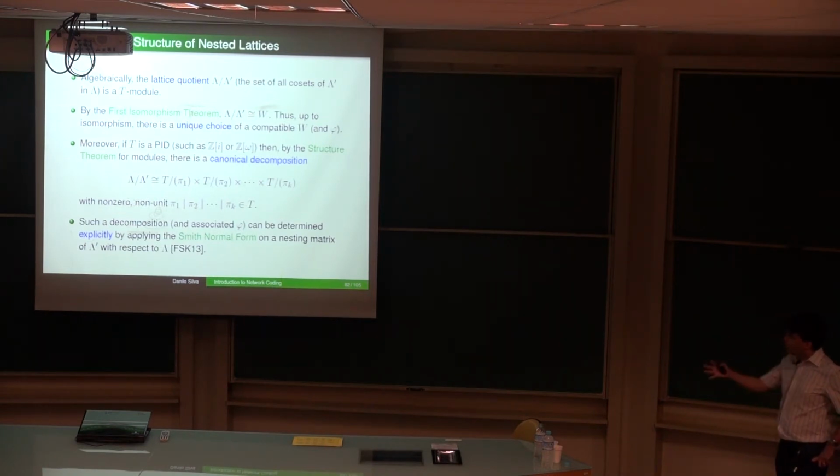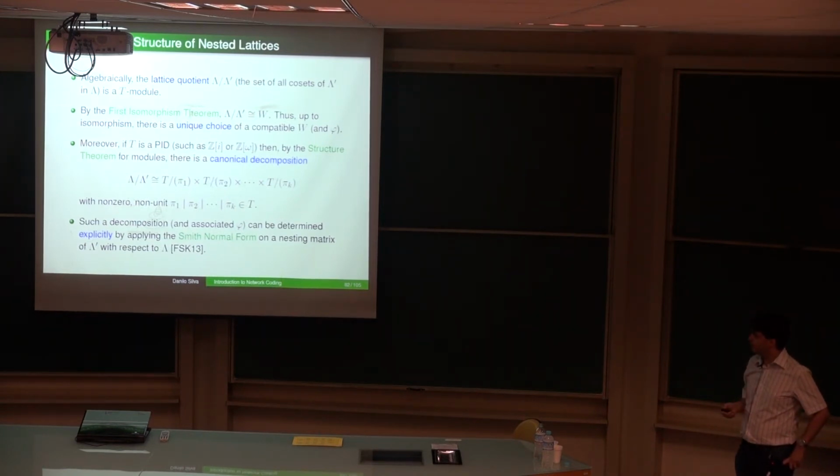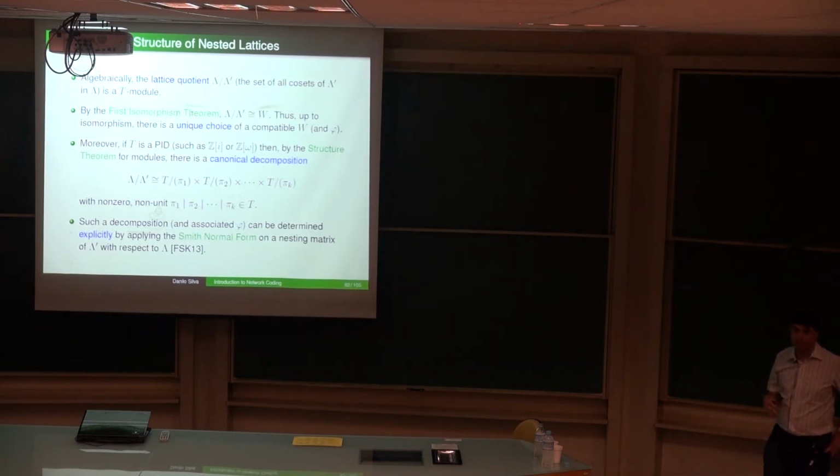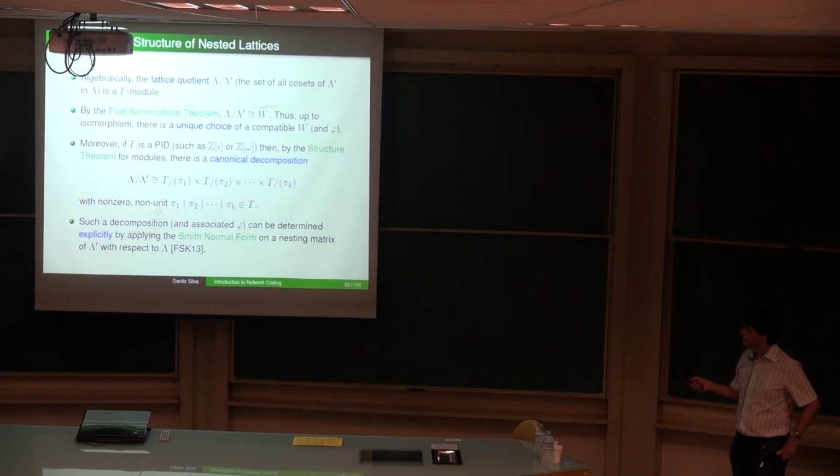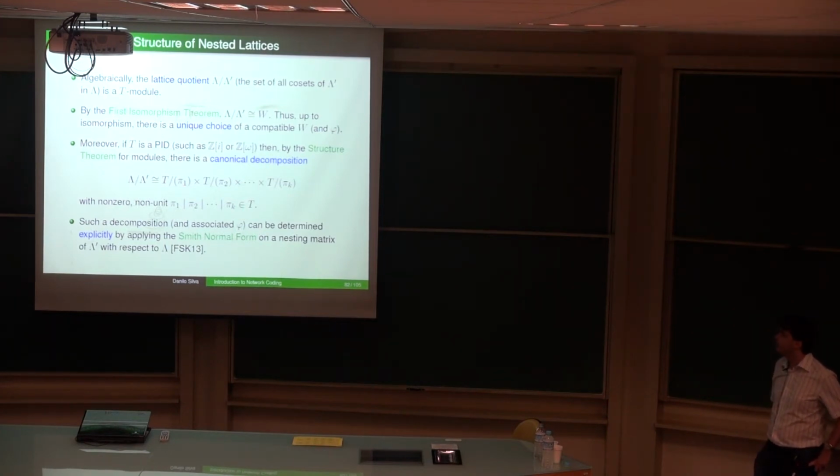If you actually want to see what the structure is, you can use the structure theorem for modules over a principal ideal domain, and then there's a canonical decomposition of that module as a Cartesian product of this ring.